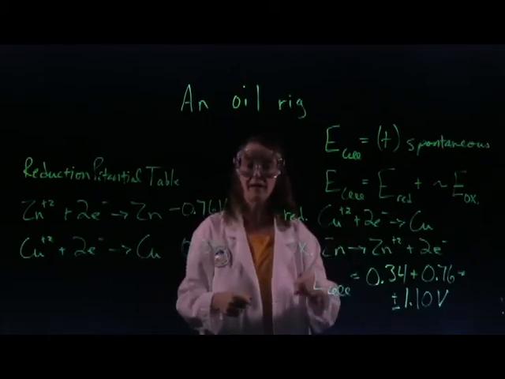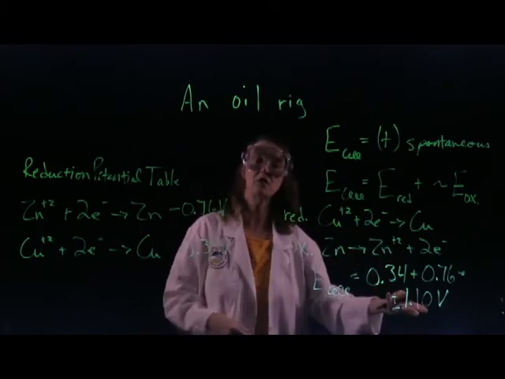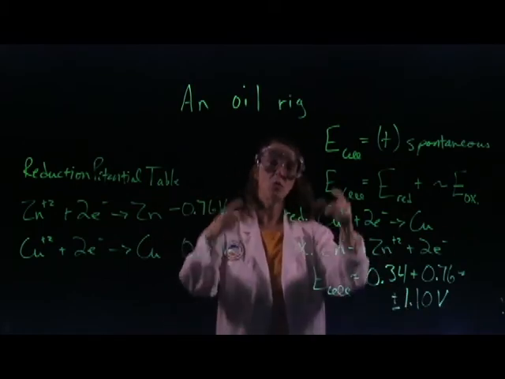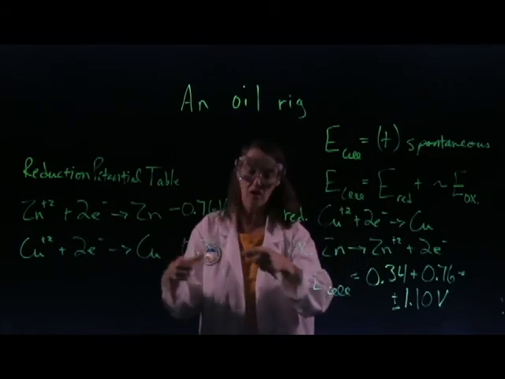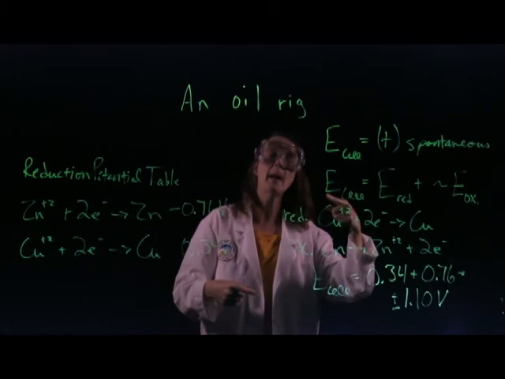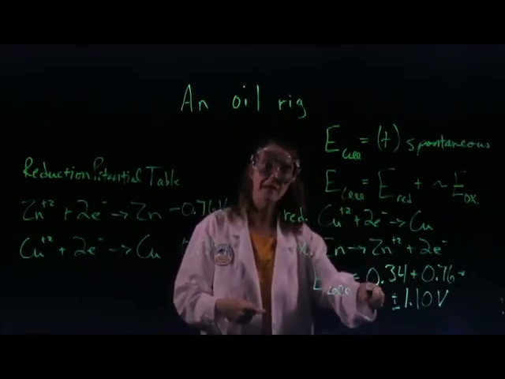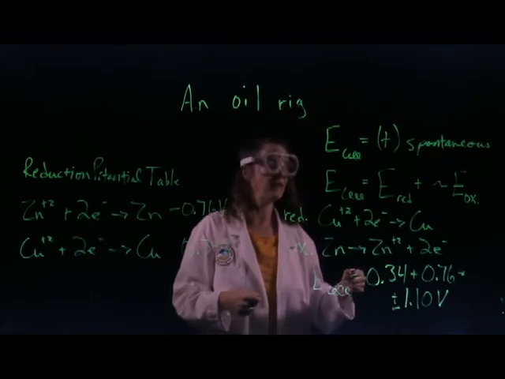We're looking for the combination that gives us a positive E cell, because if you were to reverse all of this, you would have a negative number. And what I'm saying is that for all of these metal combinations that you're using, we should be able to calculate a positive theoretical E cell value, meaning that all of these reactions should be spontaneous.